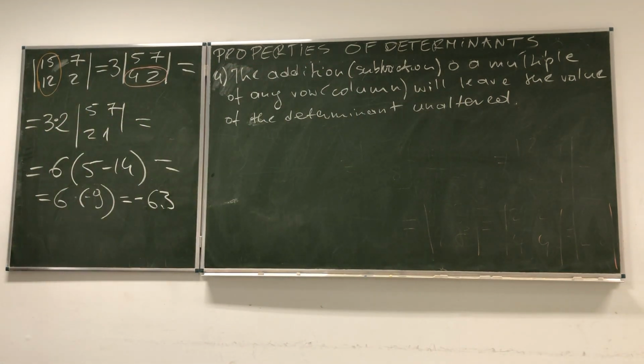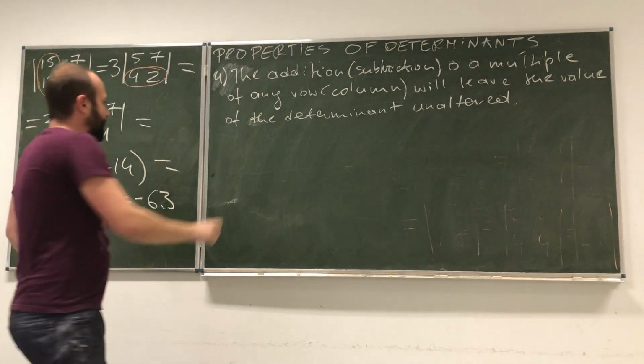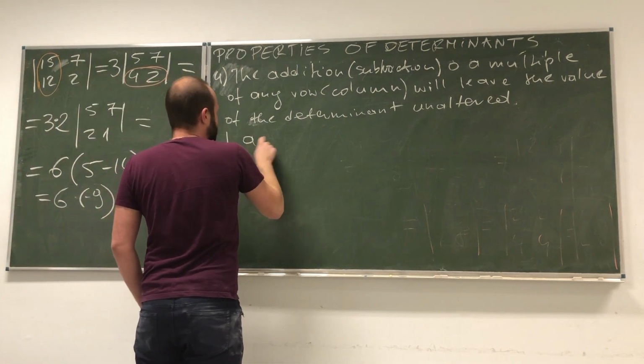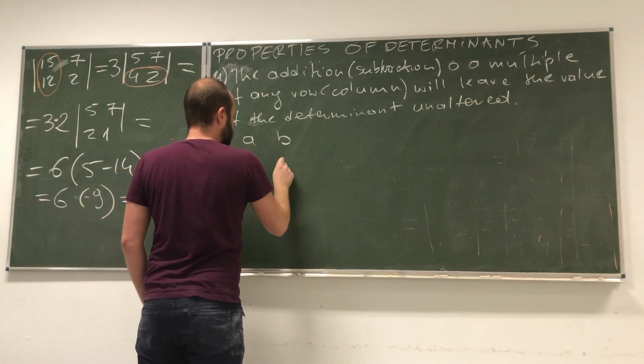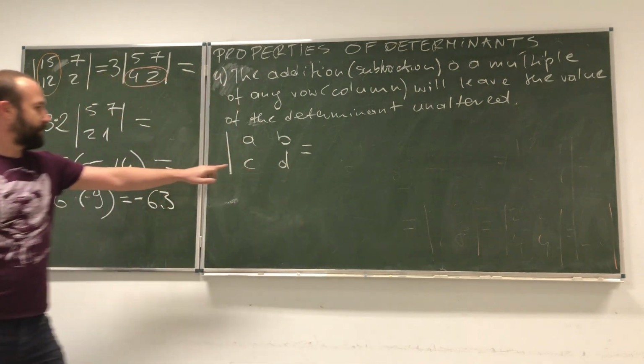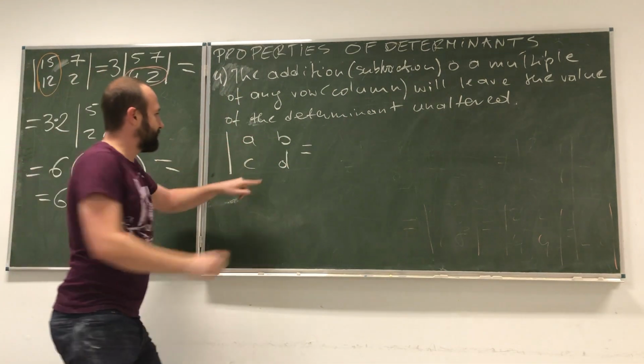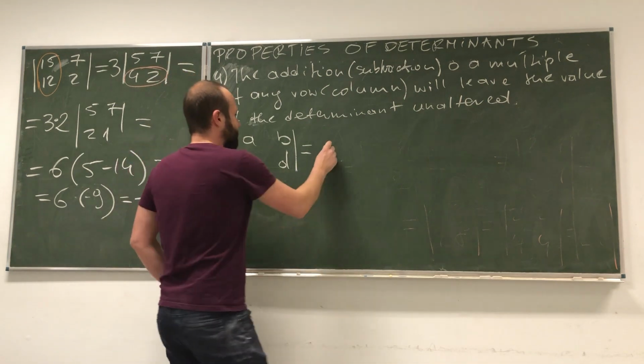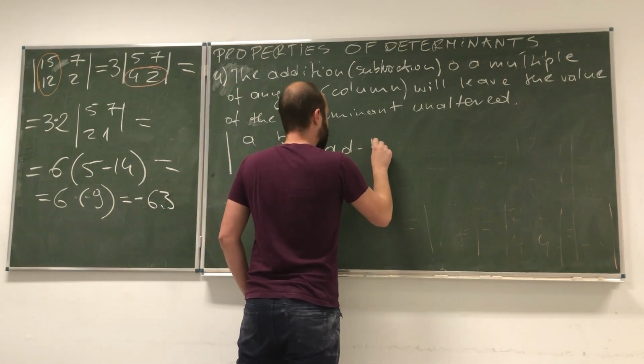Okay, so again, we start. What does it mean? Look, we know that this determinant A, B, C, D will give us AD minus BC.